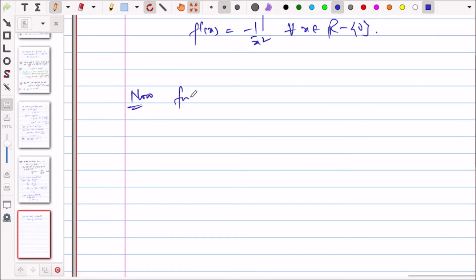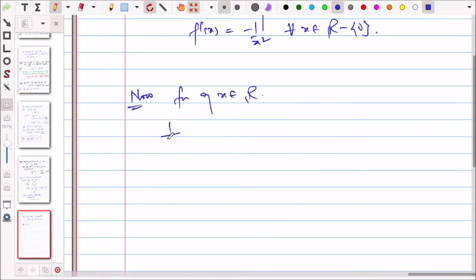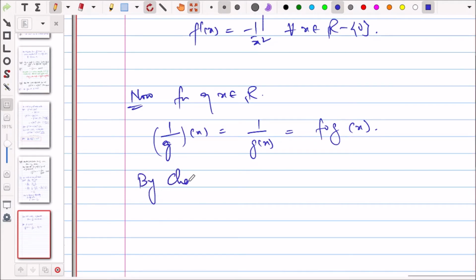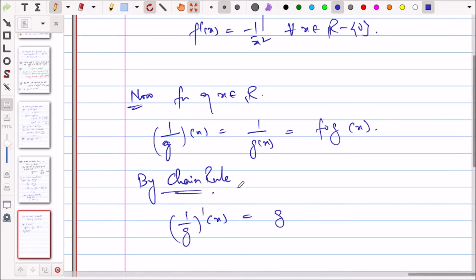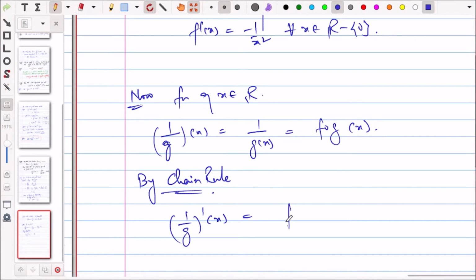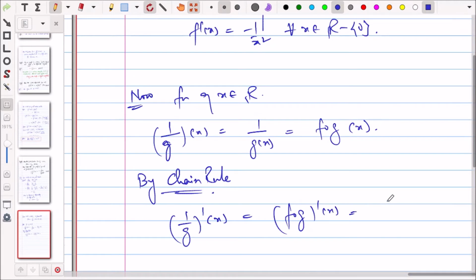Now for any x belonging to R, 1 by g x क्या हो जाएगा, this is equal to f of g x, right? Yes, sir. So by chain rule, the derivative of 1 by g x, that is f of g x dash, will be equal to f dash g x into g dash x.